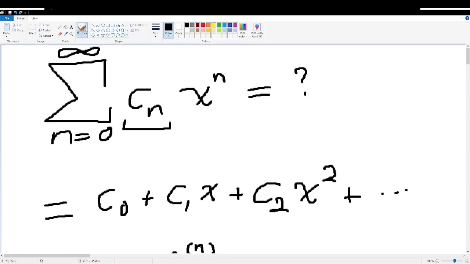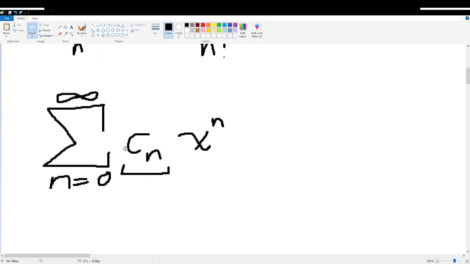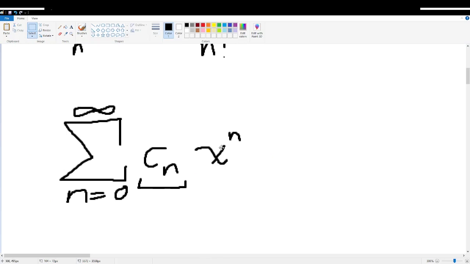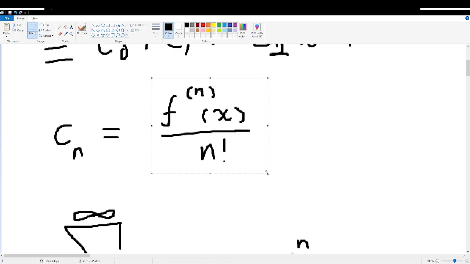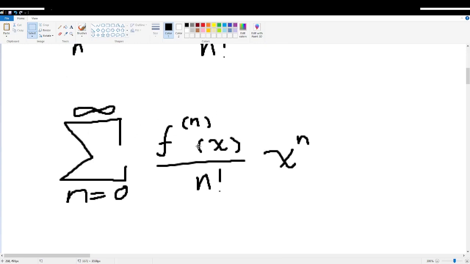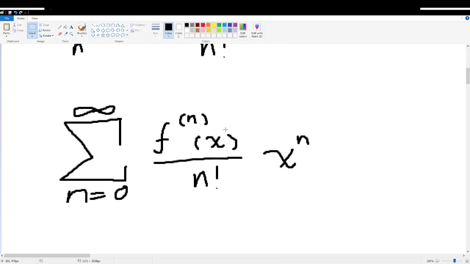So if we write this out in this manner, this represents a Taylor series, but in this case a Maclaurin series of whatever f of x is, which would depend on f.